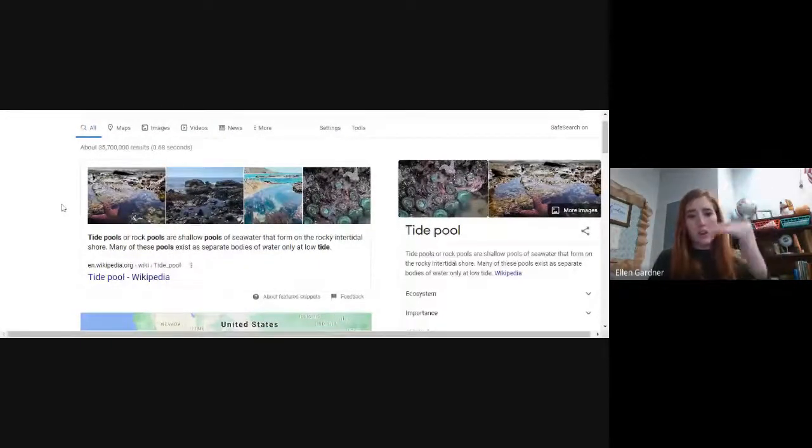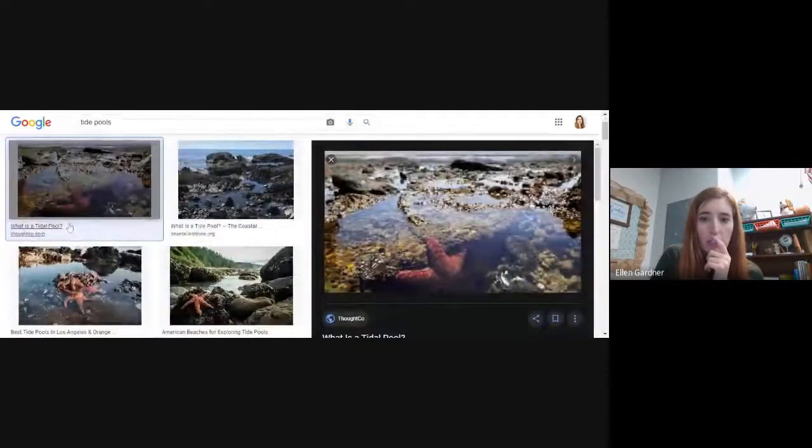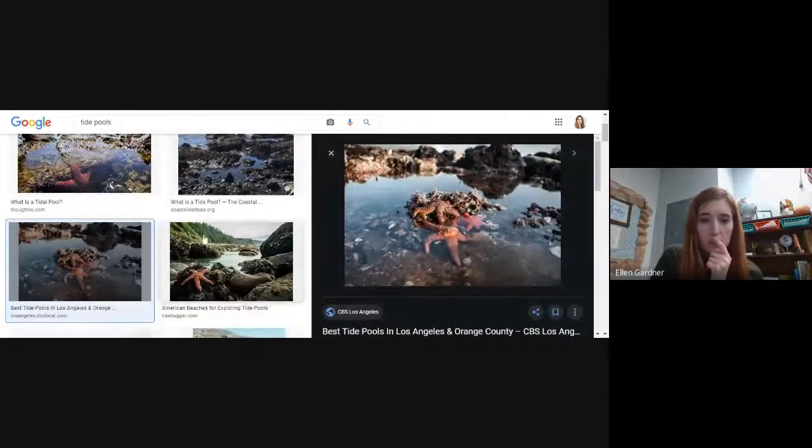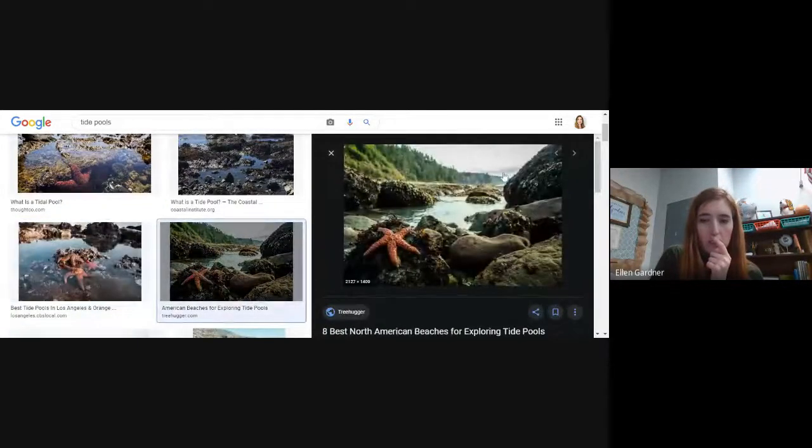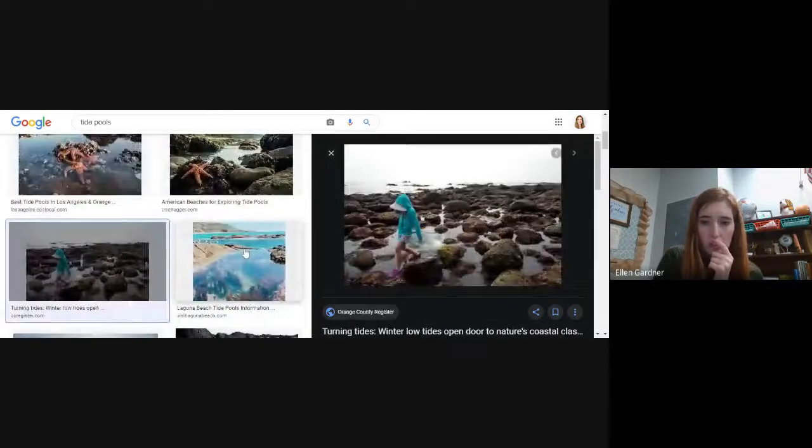So when it's lower, you're able to peek in at some of these creatures that would otherwise be hidden, like starfish and sea anemones. Right? So at high tide, the water level would all be much higher. And then when it's low tide, you're able to see all of these creatures much better. These little pools of water.